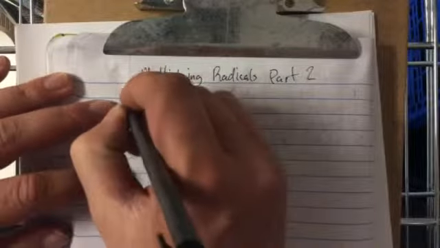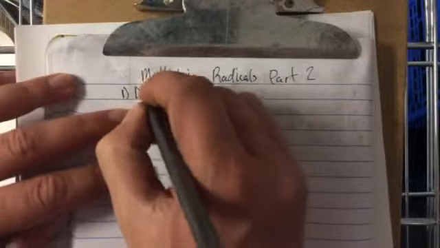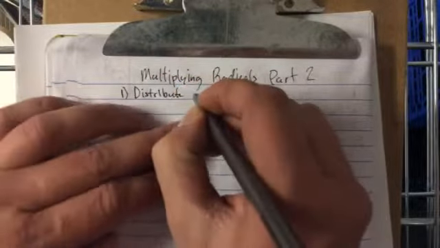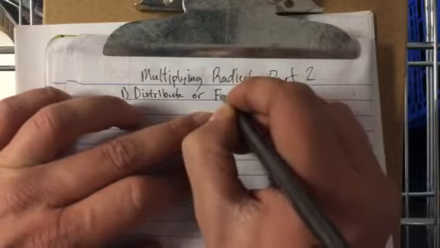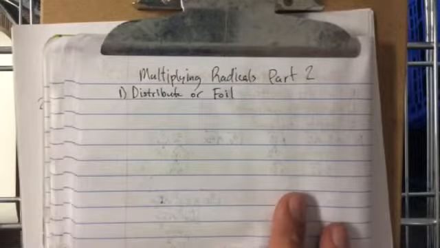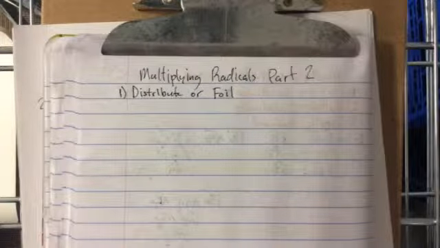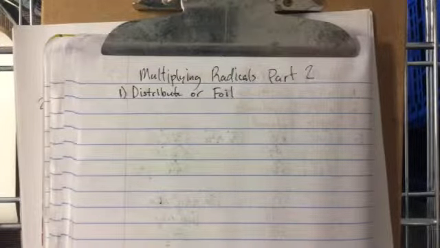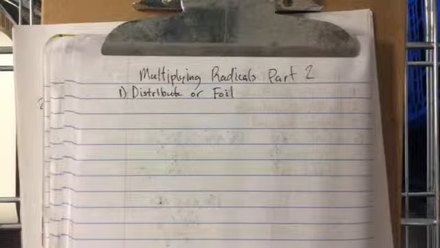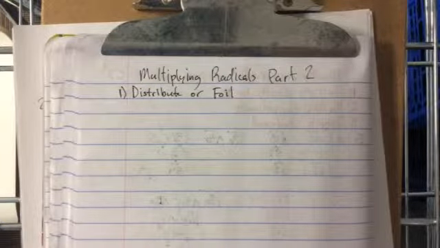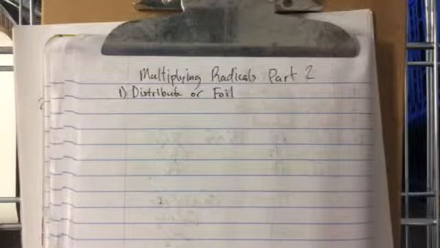So the first step we need to do today is either distribute or FOIL. So we're distributing or FOILing, and then we have the same instructions and directions as yesterday.